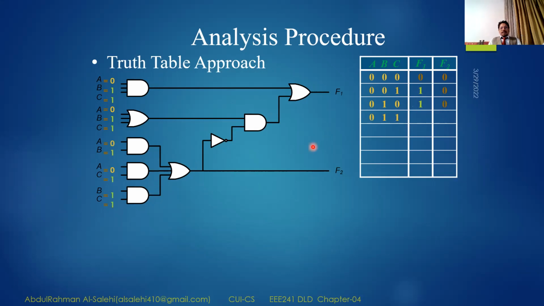Now, if I change 2 bits, B and C, without changing A, again this will give me 0, this will give me 1, this will give me here 0, 0, but the last one, BC, will give me 1.